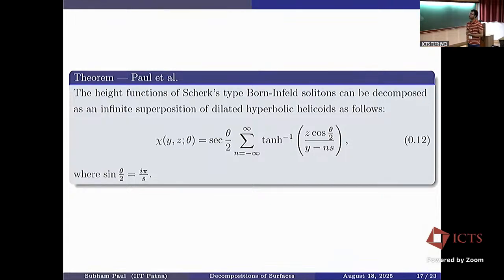Similar to that, here also we are able to decompose this function into dilated hyperbolic helicoids. So the height function of Scherk-type Born-Infeld solutions can be decomposed as an infinite superposition of dilated hyperbolic helicoids, as presented in equation 0.12. Here one fact we have to understand: the left-hand side of equation 0.12 is real, although the right-hand side is actually complex valued.